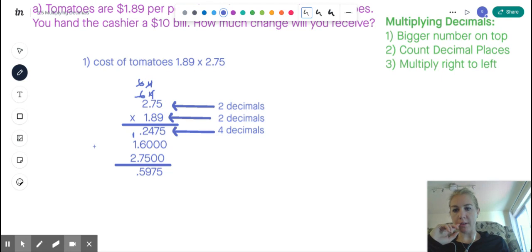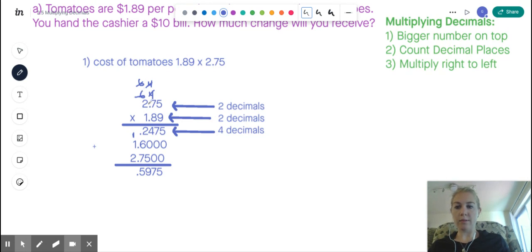I have something wrong. I did something wrong here. Let me look back up here again. 8 times 5 is 40, so I carried my 4 and I dropped my 0. 8 times 7 is 56, plus 4 is 60, so I dropped my 0 and I carried my 6.